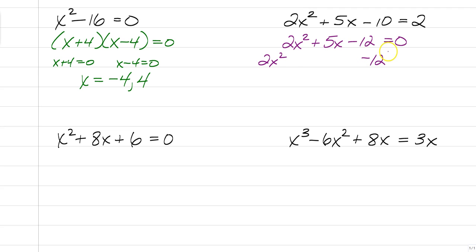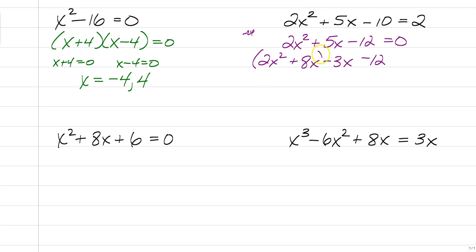So you had to multiply the 2 and the negative 12, and what you need to do is come up with two numbers that will multiply to a negative 24, but add to a positive 5. That would be a positive 8x and a negative 3x. So see what I did? I just split 5 into 8 and negative 3. And that will multiply to a negative 24.